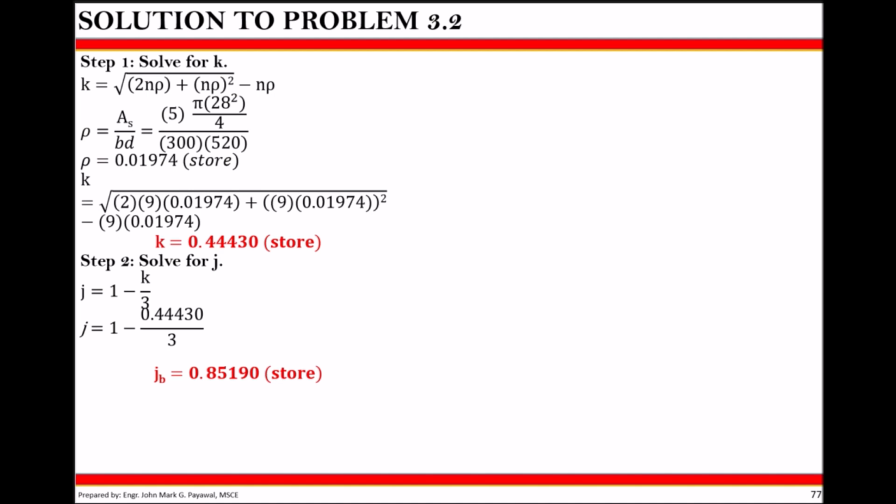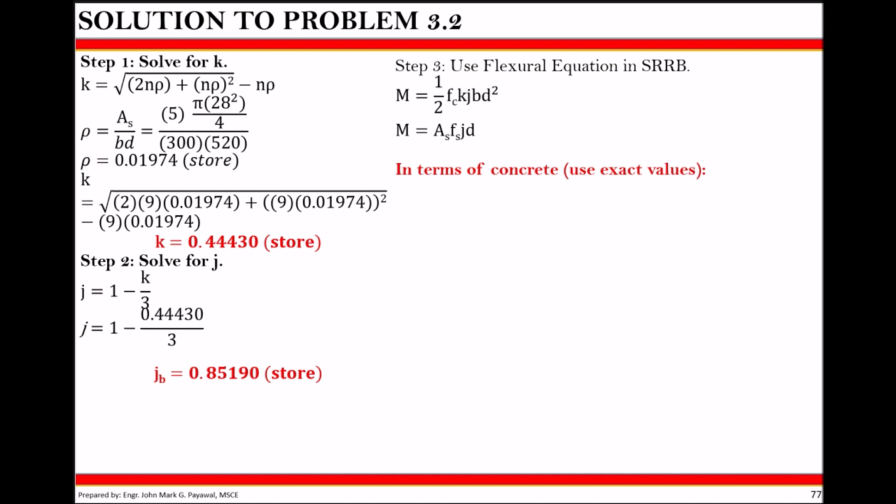The last step is to use your flexural equation in SRRB under Working Stress Design Principle, in which moment is equal to 1/2 FcKJbd squared, and moment could also be equal to AsFsJd. In terms of concrete, use exact values.